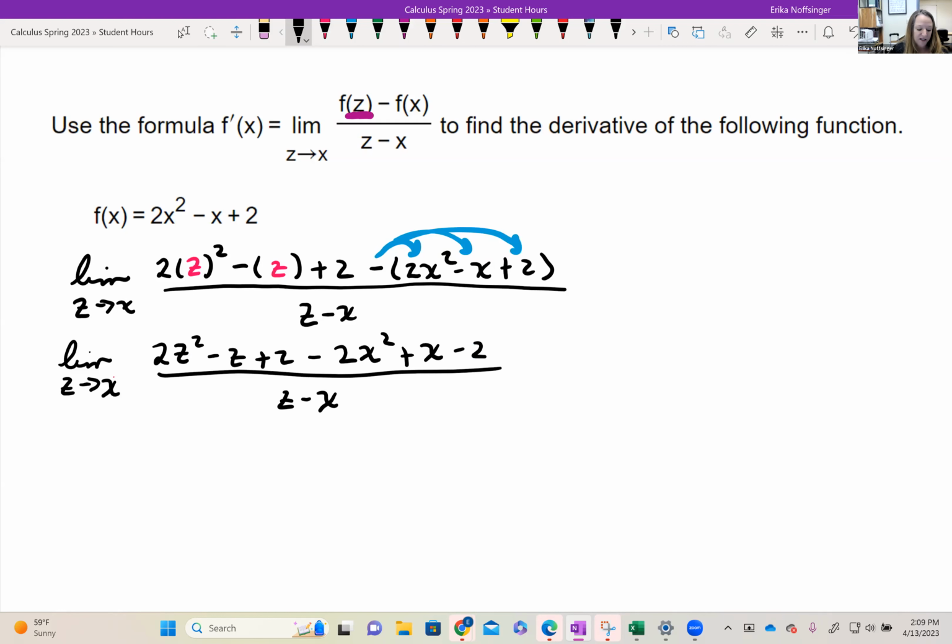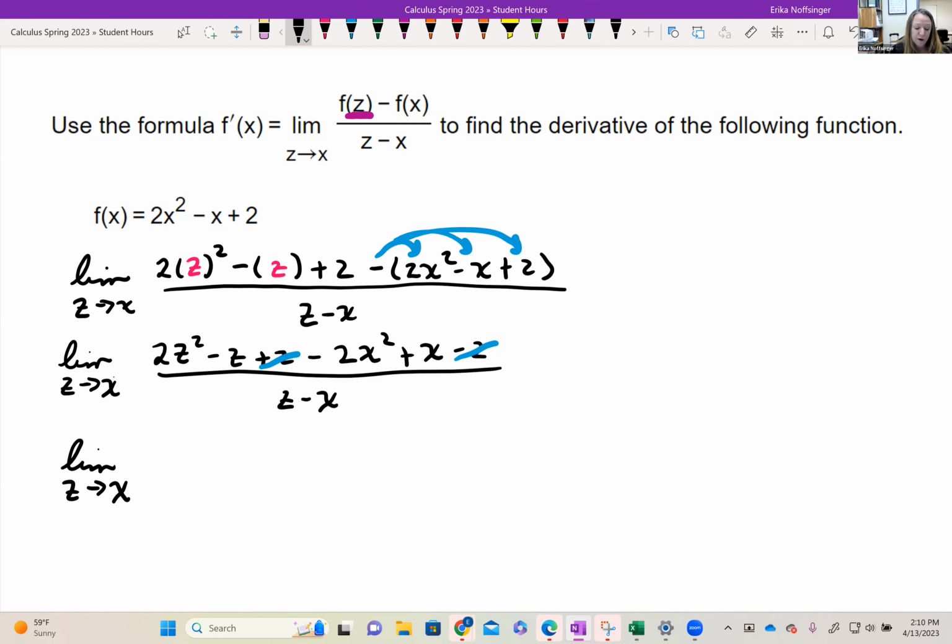So I have some like terms in my numerator. I can combine my positive 2 and negative 2. Those cancel out with each other. And now if I did direct substitution, I would have a problem because I would get 0 over 0. I would get that indeterminate form. So that told me I needed to go back and manipulate it.